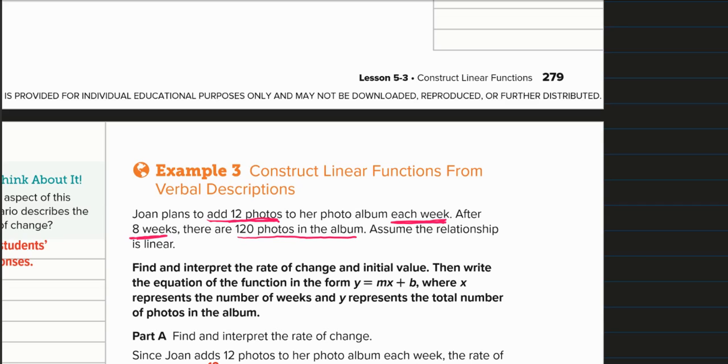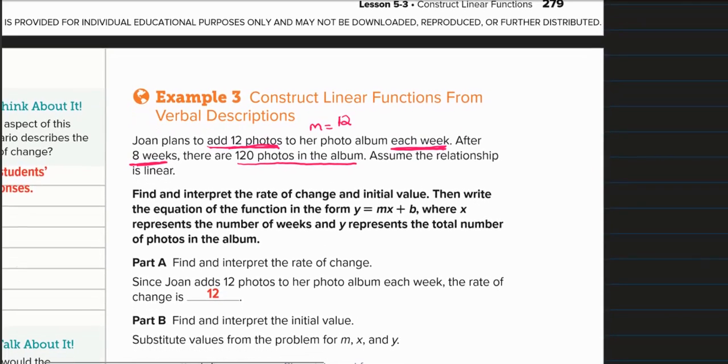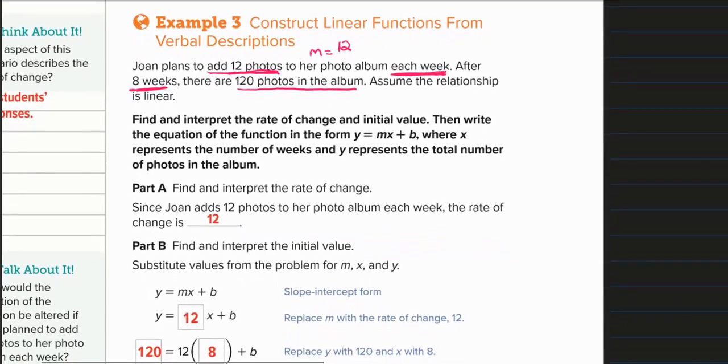That's our part A. So Joan adds 12 photos to her photo album each week. So think of this as, I'm going to add 12 photos per week, right? That would be our slope. So the way we're going to say this is, we're going to have 12 photos per week. So our slope is 12. The rate of change is 12.